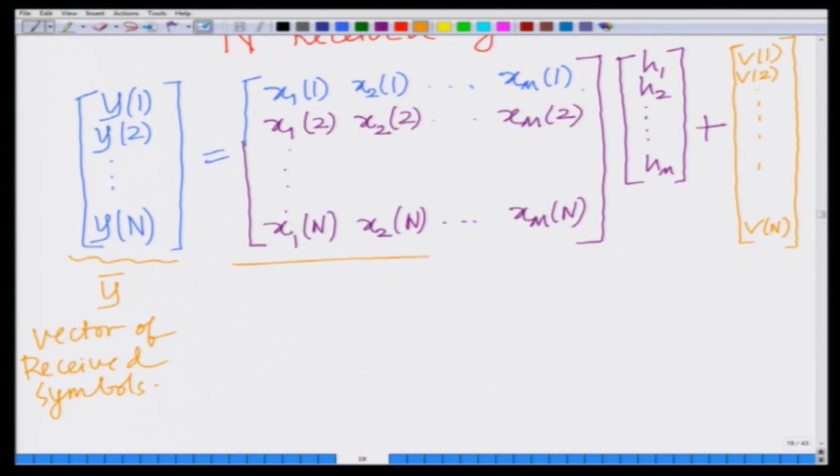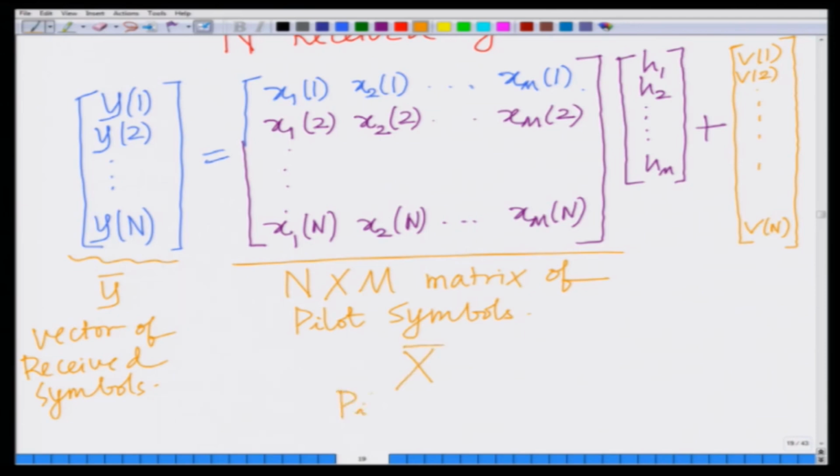What is this? This is an n cross m matrix of pilot symbols. Let us denote this by x bar. This is now your pilot matrix.